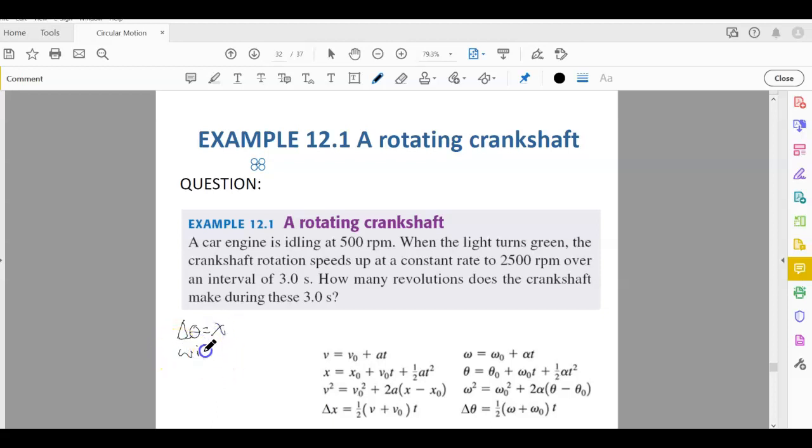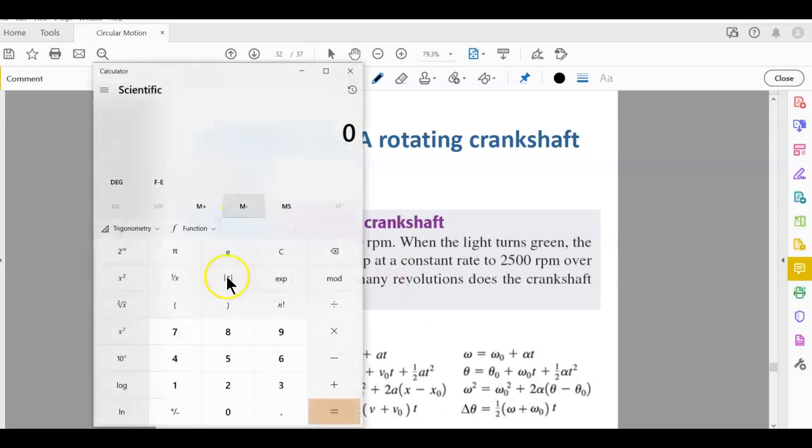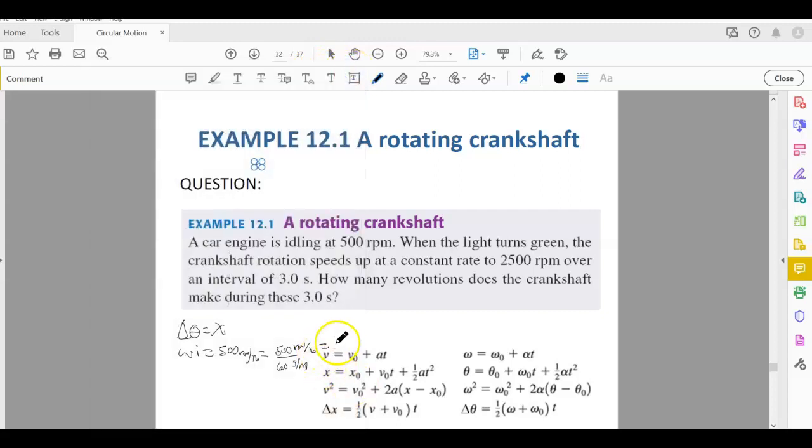We have omega initial, and we probably have to convert revolutions per minute. 500 revolutions per minute divided by 60 seconds per minute is 50 divided by 6, which equals 8.33 repeating revolutions per second.